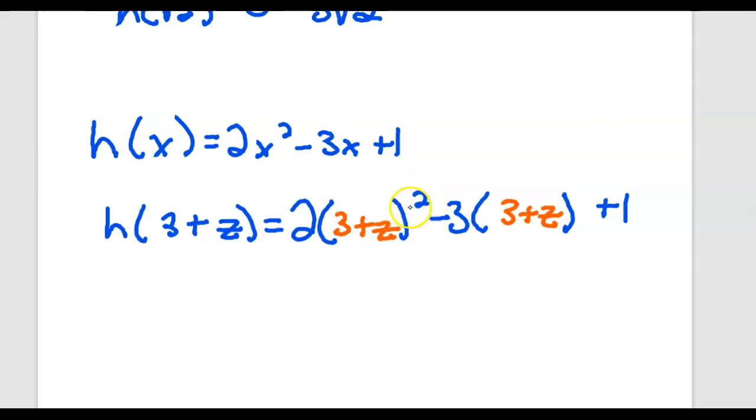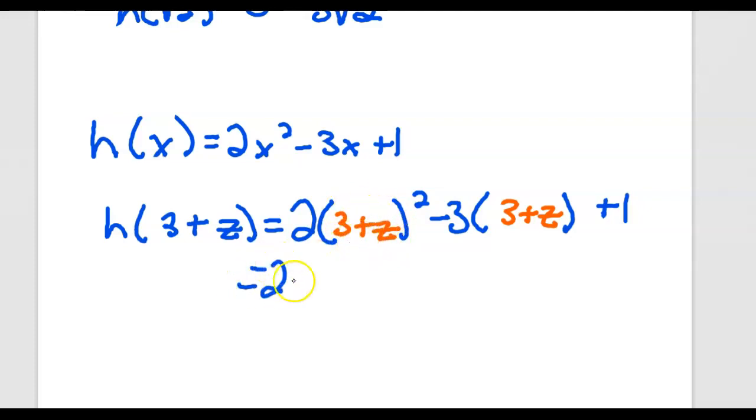What most students want to do is just distribute this square and give me a 9 plus z squared. That is not correct. Think about what a square actually means. It means multiply this thing by itself twice.